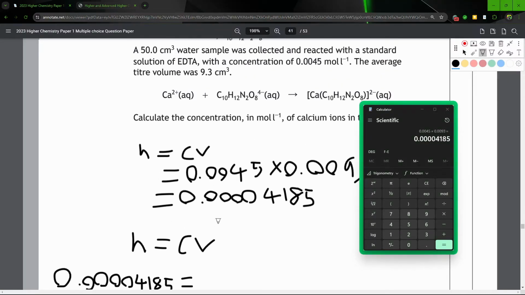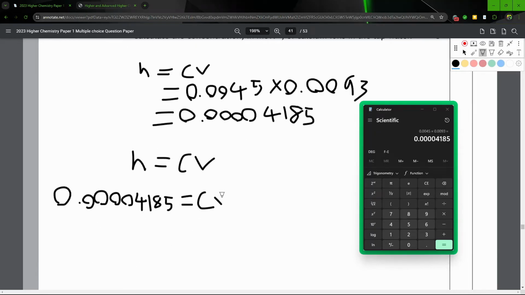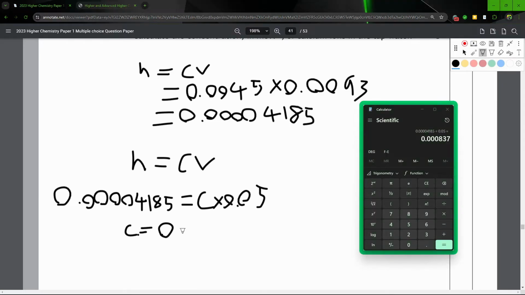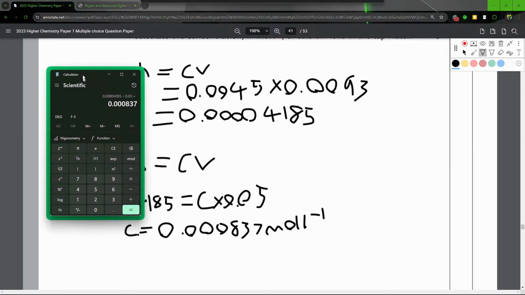Now we don't know what C is, but we do know the volume, which is 0.05. So we divide this by 0.05 and we get an answer, which is 0.0000837 moles per litre. Oh, SQA, why do you do this to me?